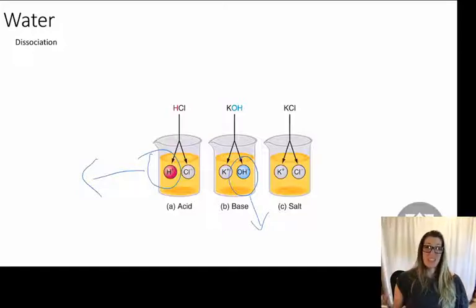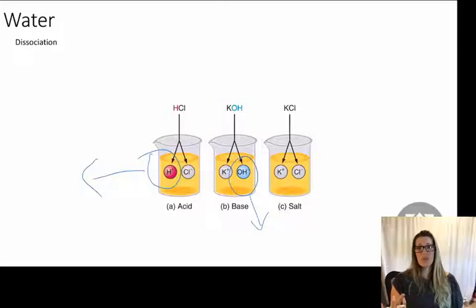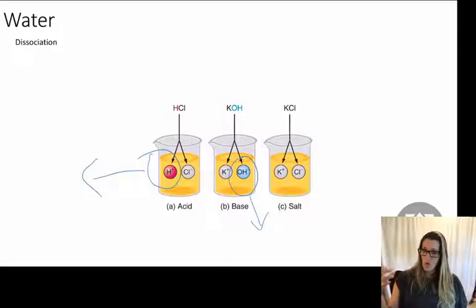And so the pH scale is based entirely on these molecules' behavior in water. If they donate high levels of hydroxyl ions or high levels of hydrogen ions, then they're considered a strong either acid or base, depending on which they're donating. And that's all because of water.